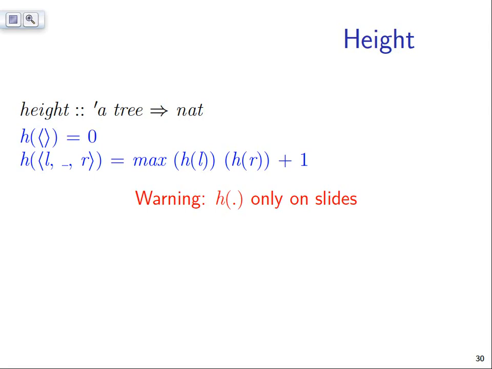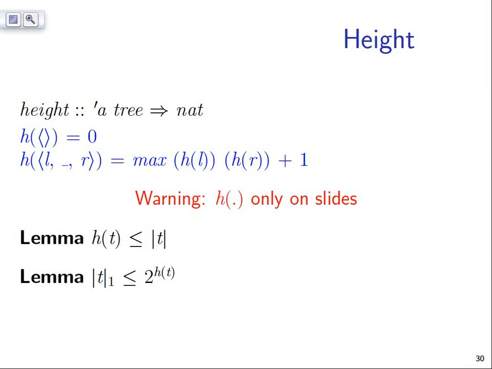In the theories, you really have to write height. And of course, the height of a tree is bounded by its size. That's pretty obvious. And the other one you have proved in one of the exercises already, that the number of leaves in a tree is bounded by 2 to the height of the tree.